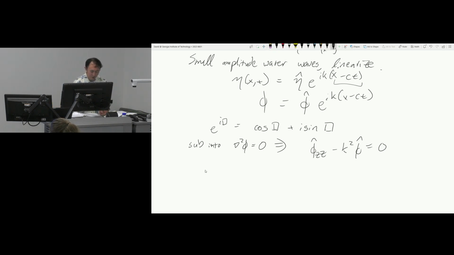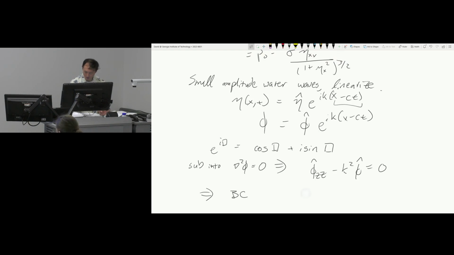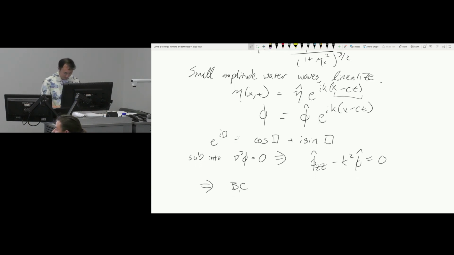And to make a long story short, what they find is that if you sub each of these solutions into the boundary conditions, you get a dispersion relation. Boundary conditions give you a dispersion relation.